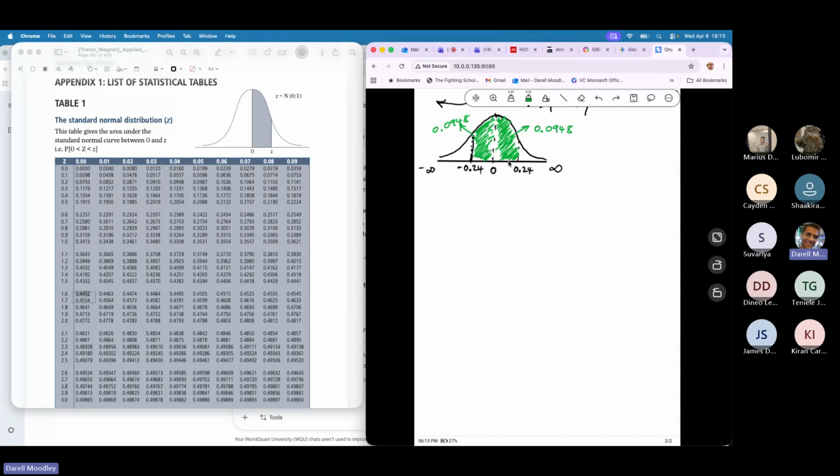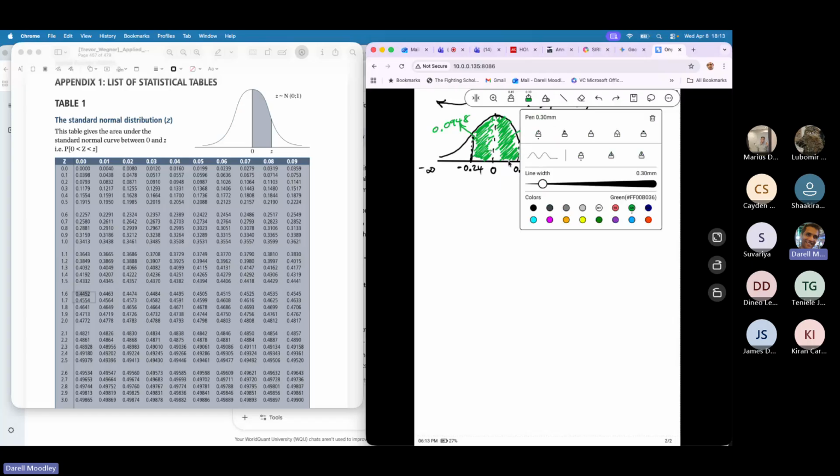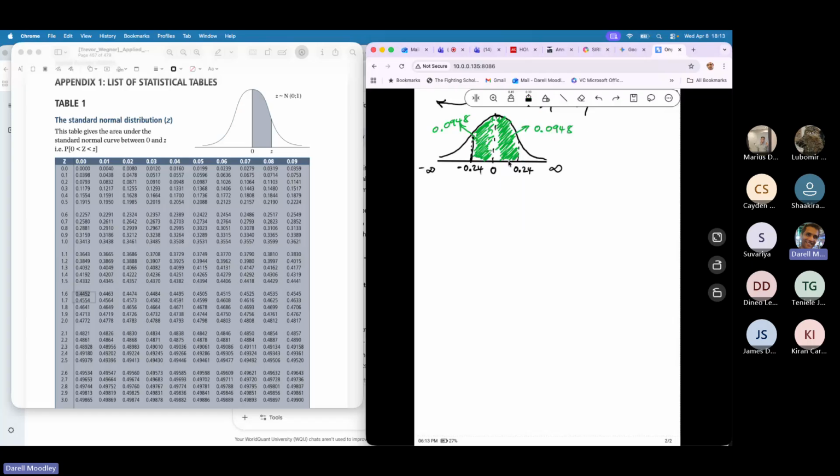That's all it is. So the question I asked you before was, what is the area between 0 and 0.24? And you answered 0.0948.